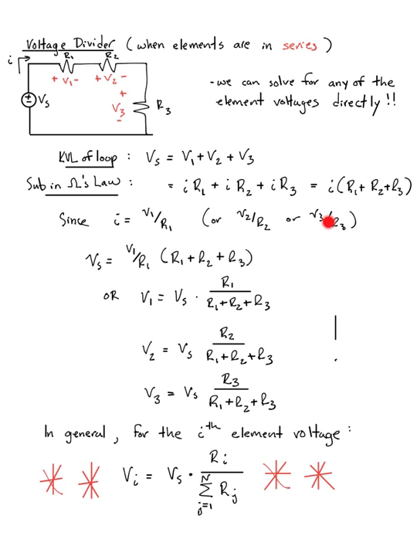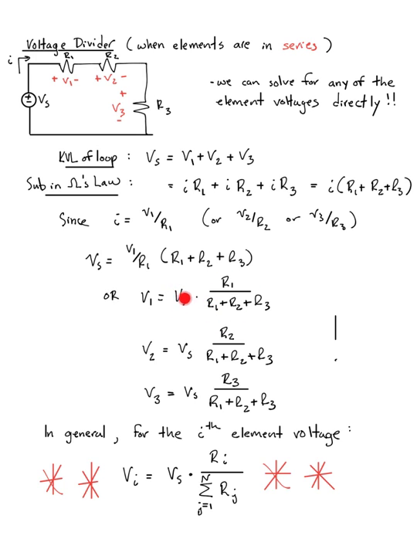We can sub those back into this expression that we obtained via KVL. So for V1, we can sub in the relationship that I equals V1 over R1 right into this expression, and we get Vs equals V1 over R1 times the summation of the resistors. Simplifying, we get V1 equals Vs times a fraction.